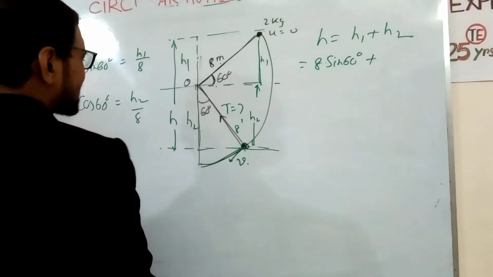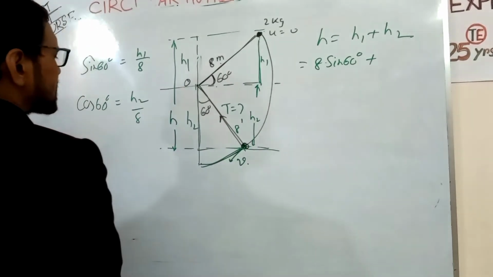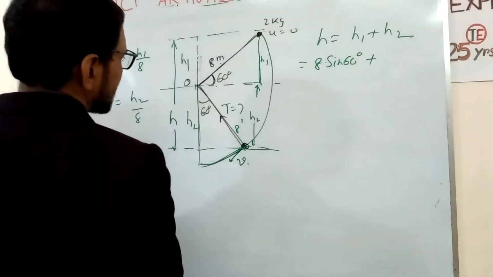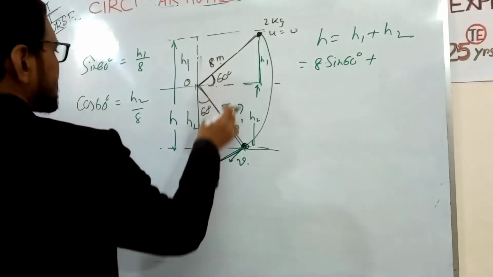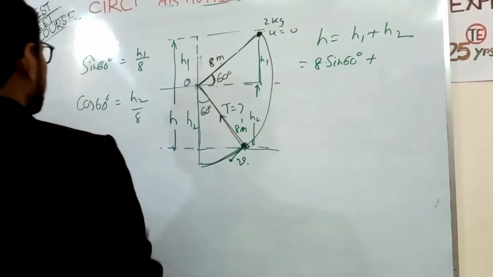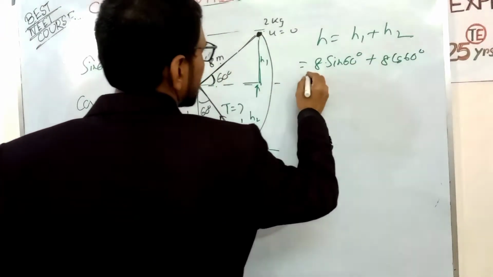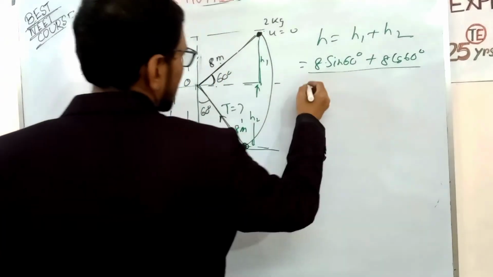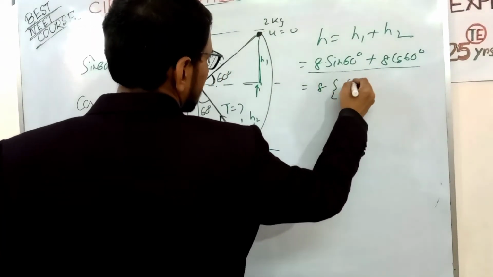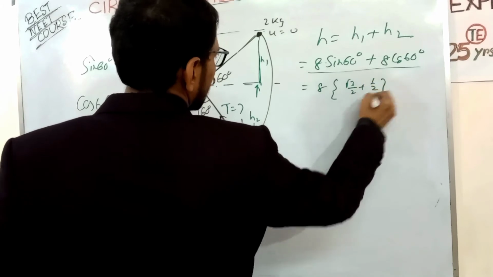Here it is given that the string is inextensible, so the length of the string does not increase and remains constant, 8 meter. So h2 equal to 8 cos 60 degree. So h equal to this.